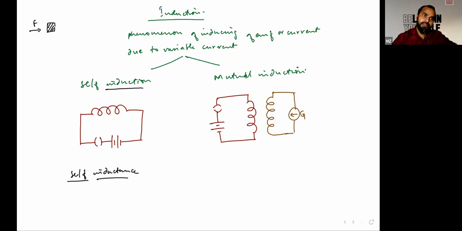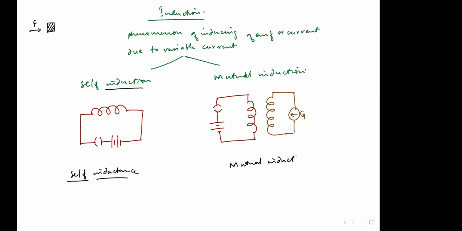Similarly, it is called self-inductance here. When we apply a variable current through a coil, it has a tendency to oppose that variable current by inducing a current in the same coil, which is called self-inductance. If it induces a current in a neighboring coil, it is called mutual inductance.